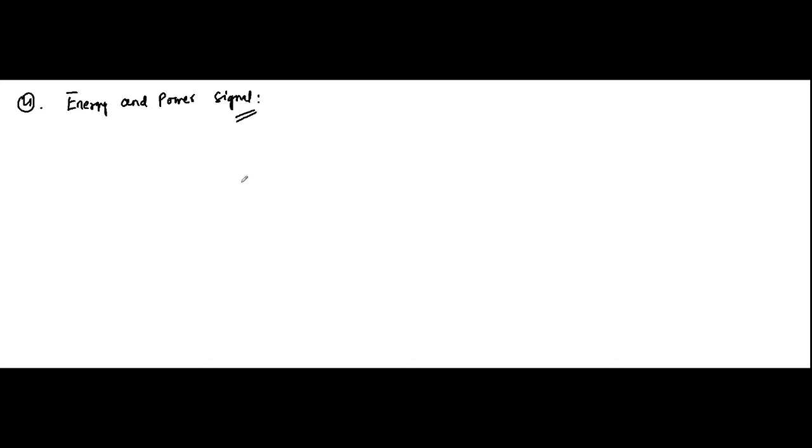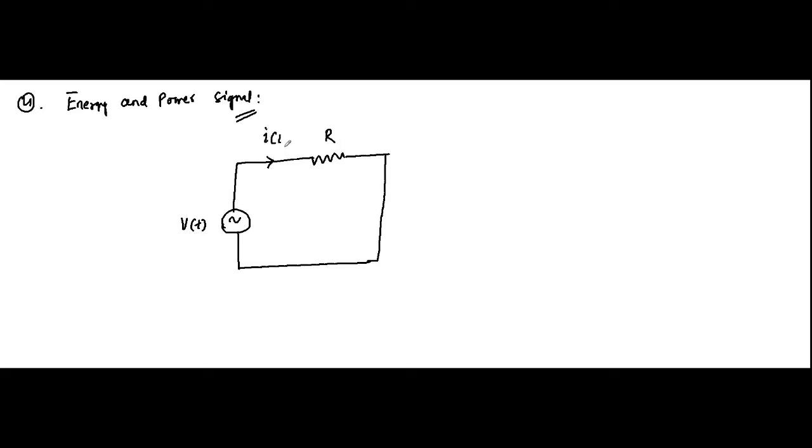Okay, let us say we have a simple resistive circuit consisting of a voltage source and a resistor connected. A time varying voltage source, a resistance R, which leads to a time varying current.